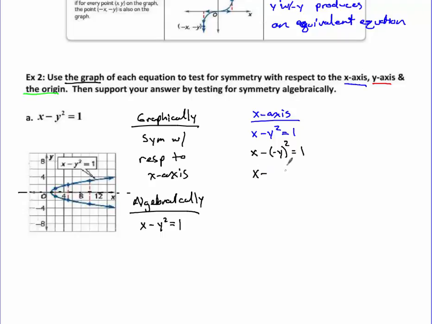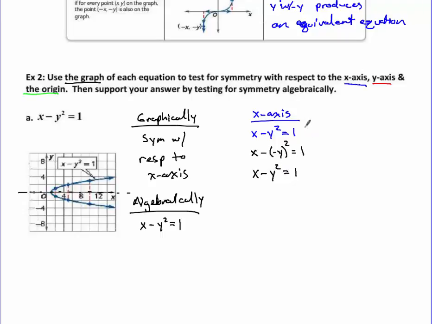So this is x minus, remember, parentheses, exponent, multiply, divide, add, subtract. So we're going to do PEMDAS. The first thing we have to do is the parentheses and the exponent. So negative y squared is positive y squared, and that equals 1.